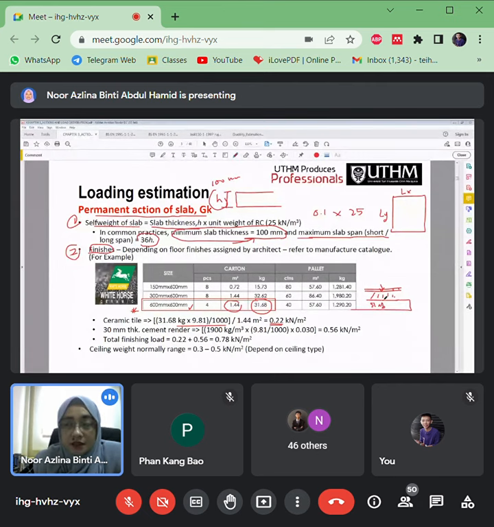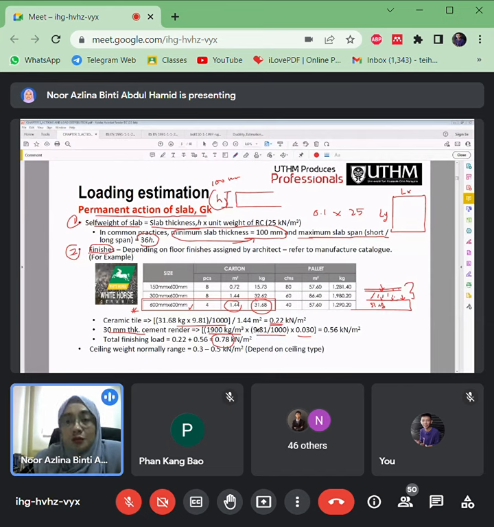Okay, ada mortar kat sini, right? So what is the thickness of that cement render? This is the density or unit weight of the cement render, multiplied by the thickness of the cement render, converted to kilonewtons. So all together, that gives a load to the slab of 0.22 plus 0.56, which is an example of the total finishing load from the finishes.